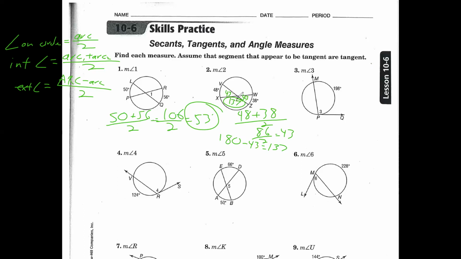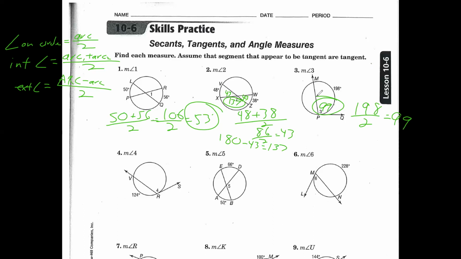On number 3, we no longer have an angle in a circle. That one's the angle on the circle, the top equation there. We're taking the arc divided by 2. So we have 198 divided by 2, that's 99. On number 4, same idea, but wait a minute. The arc that's being intercepted isn't labeled, so we are given the other arc.